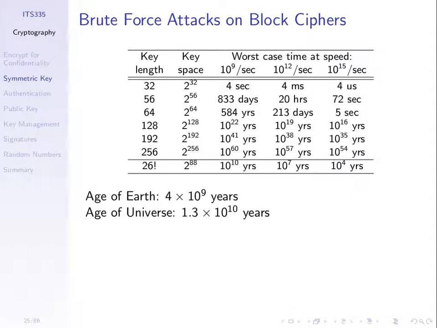And if they have the same number of supercomputers, it still comes down to thousands of years before they can break AES. And if I move up to a 256-bit key, of course it takes even longer. So that's why we say a 128-bit key is secure against a brute force attack. It's not possible in practice.